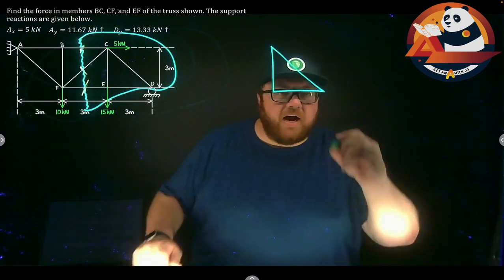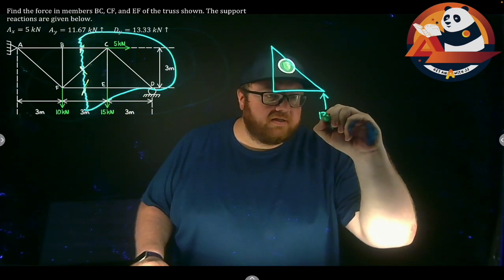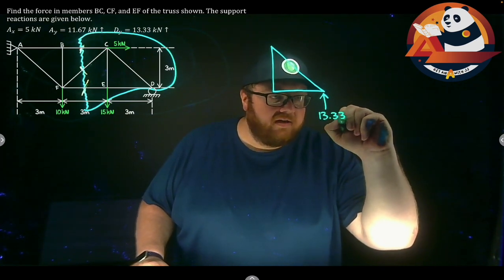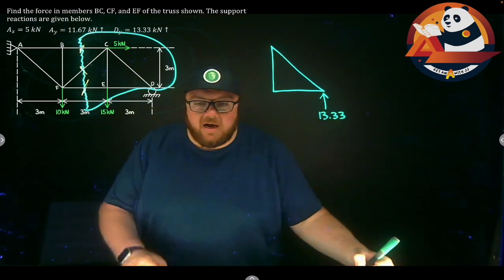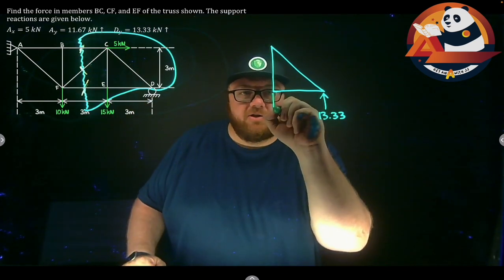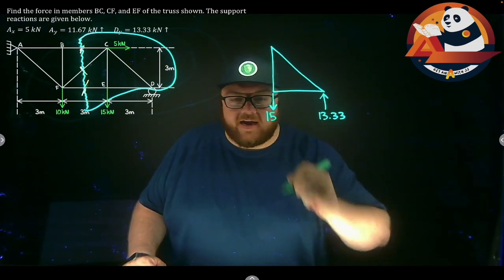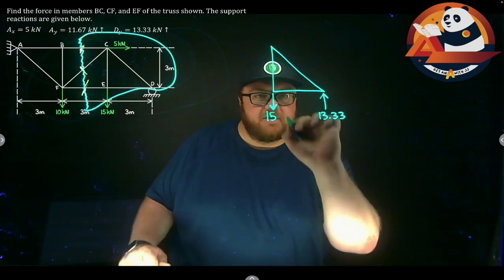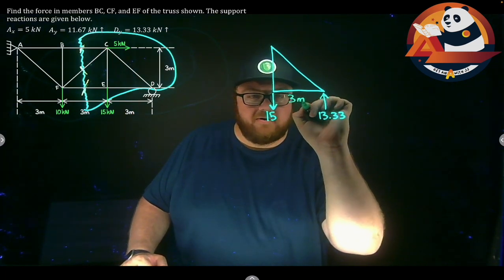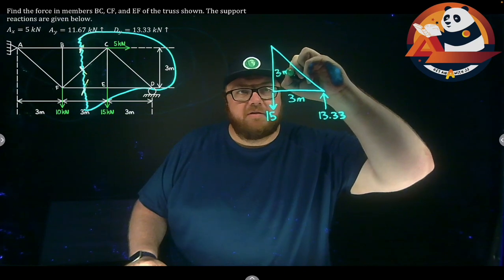We were given DY was 13.33 going up. I know at E, and I'm making my cut somewhere after E, so I include this, I have 15 kilonewtons coming down. My width of this was 3 meters. Let's get that labeled. My height in here is also 3 meters, so label that.